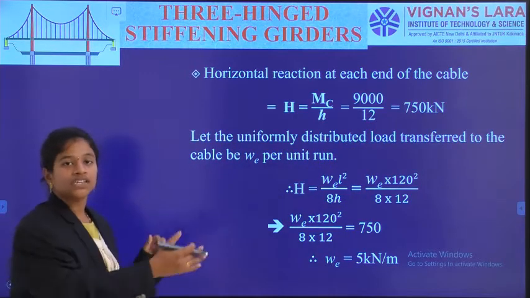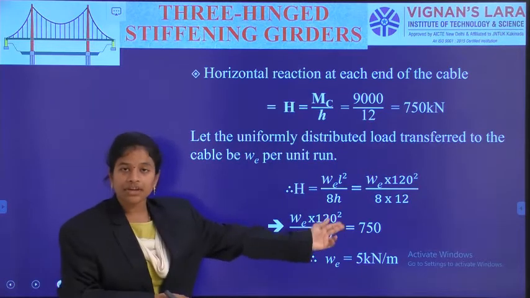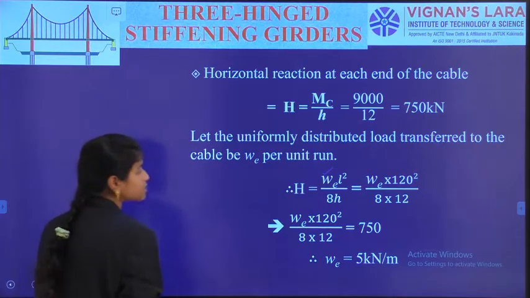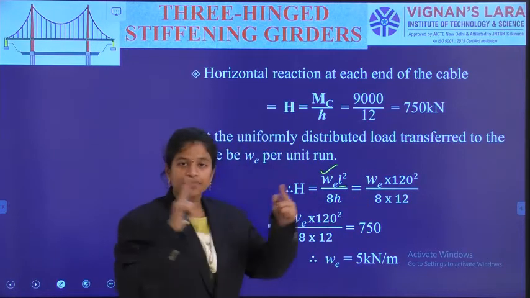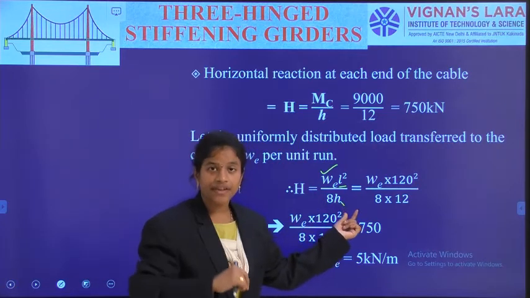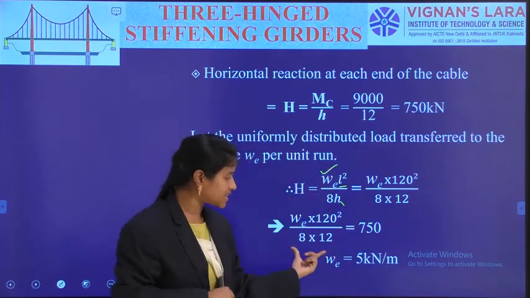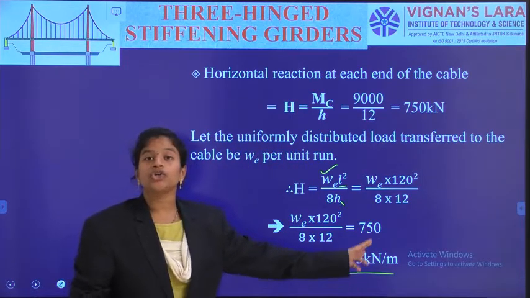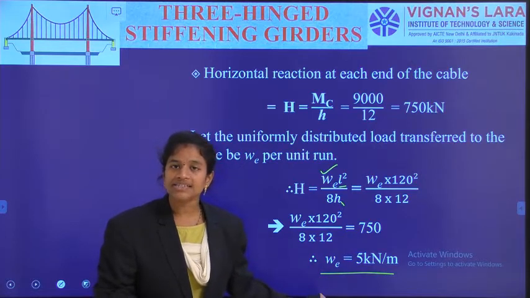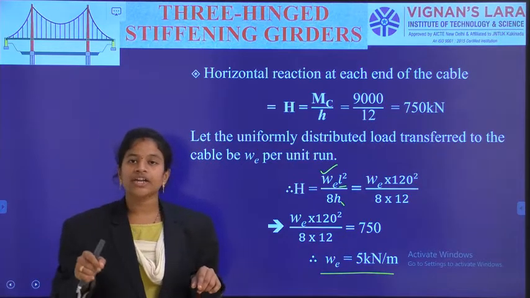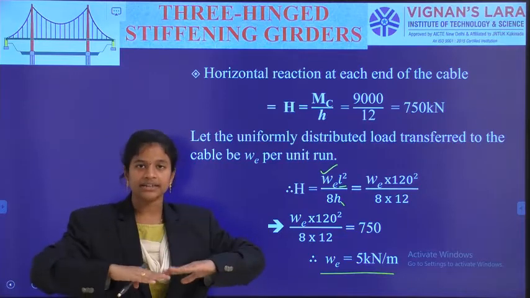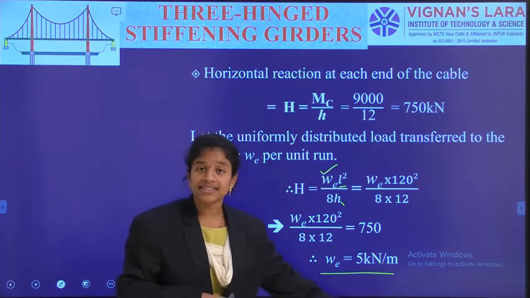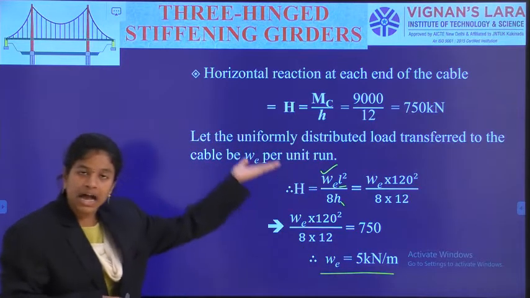And from H, using the horizontal component formula WE L square by 8H, where WE is the unknown, L is the span of the cable and H is the central dip of the cable, substituting all these, I have calculated a UDL of 5 kilonewton per meter. So what it means is, due to the application of 240 kilonewton and 300 kilonewton on the girder, it is transferring the load in the form of a UDL with an intensity of 5 kilonewton per meter in the upward direction.